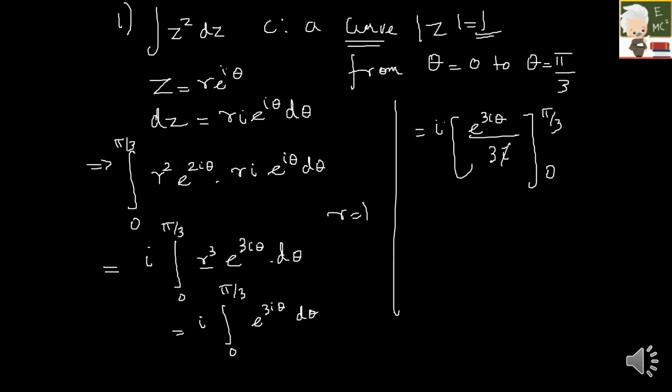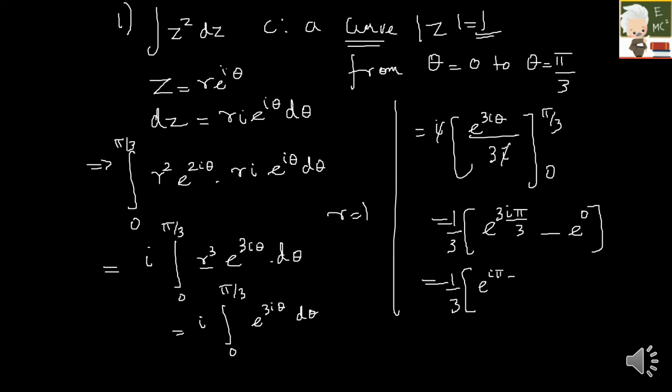So this i will get cancelled. I will apply the upper limit, so it will be e raised to 3i pi by 3 minus e power 0. There is a 1 by 3 outside, so 1 by 3 into e raised to i pi minus e raised to 0.